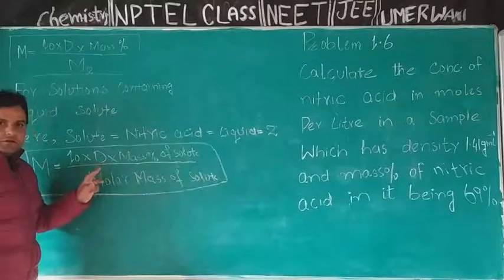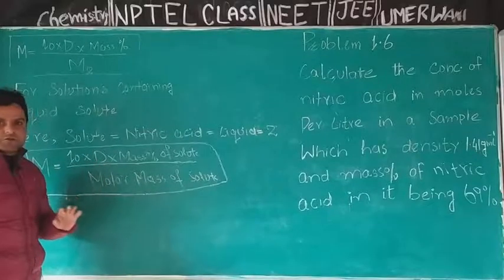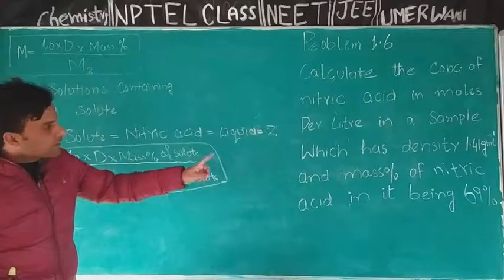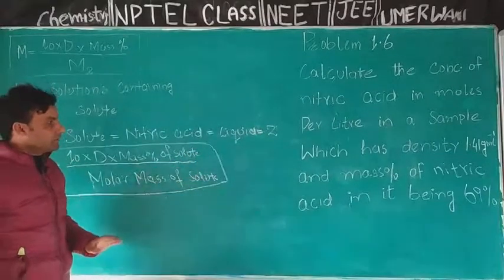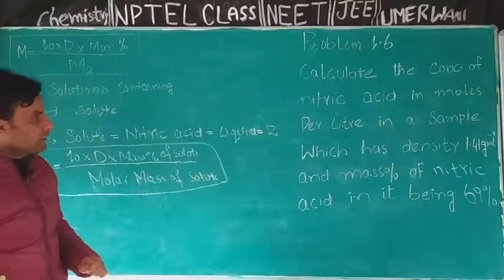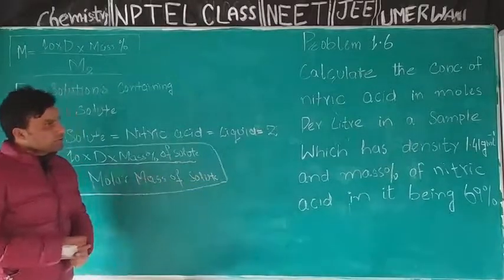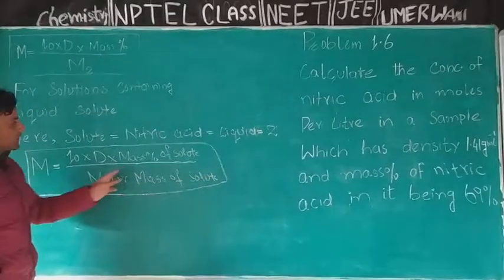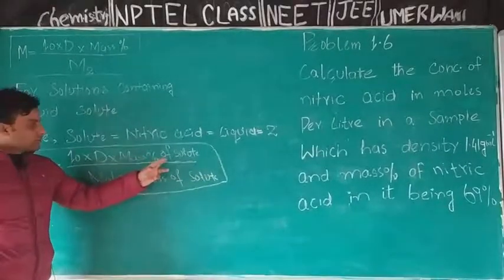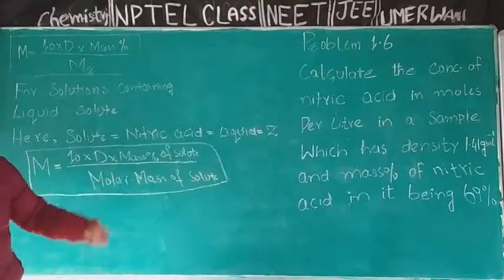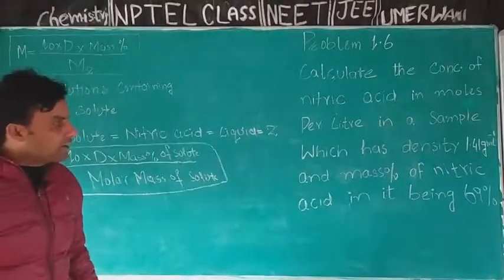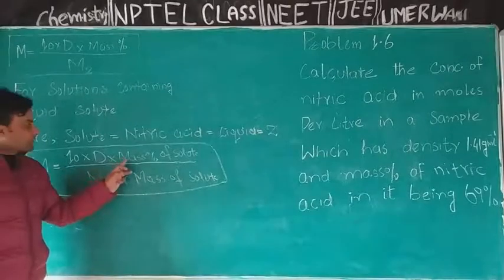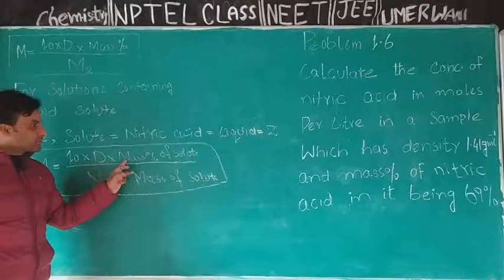Capital D is the density of solution, and for this problem the density is given: 1.41 gram per ml. Mass percent of solute is also given, 69%. Some authors use SA or percent purity instead of mass percent of solute.